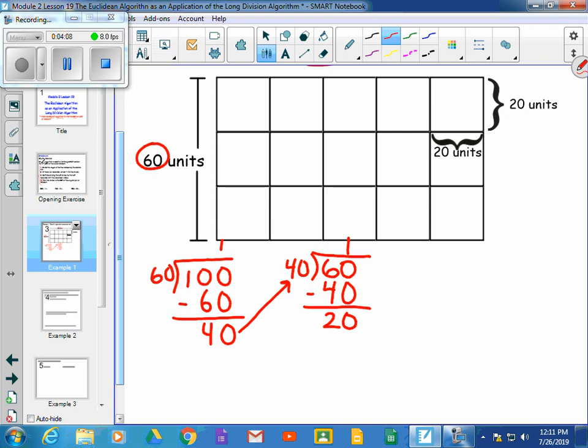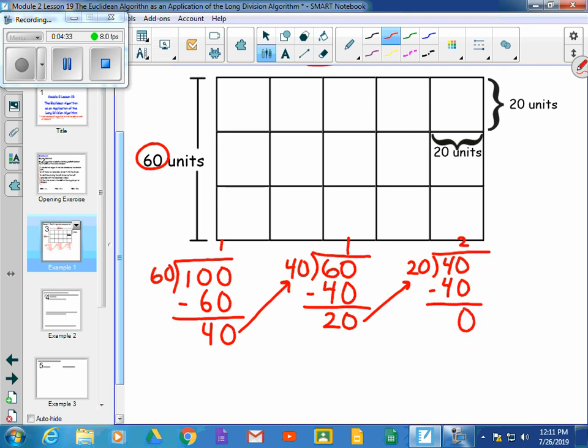I want to continue doing this until I get a remainder of 0. So I'm going to now put 20 as the new divisor. The old divisor is now the new dividend. 40 divided by 20 goes in there twice. 2 times 20 is 40, and I get a remainder of 0.